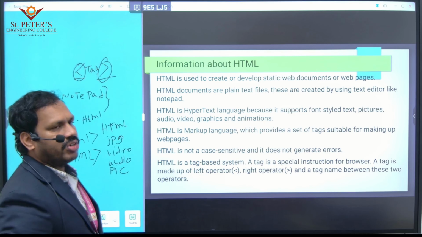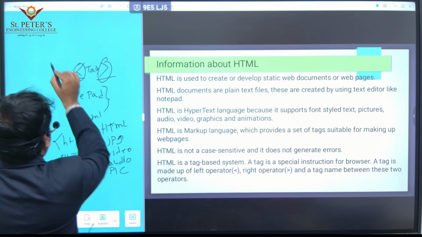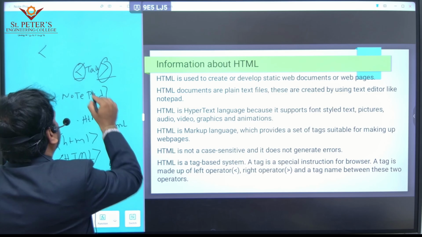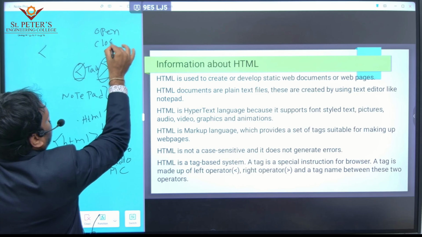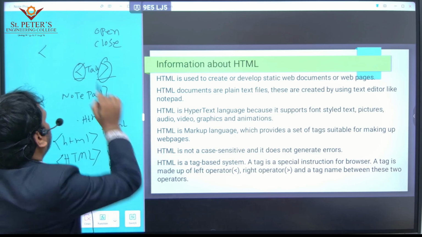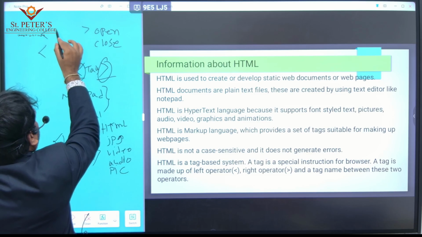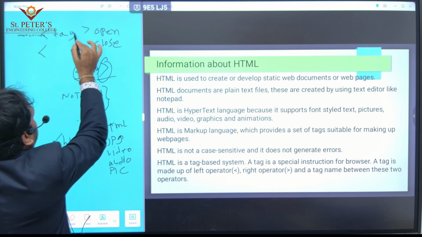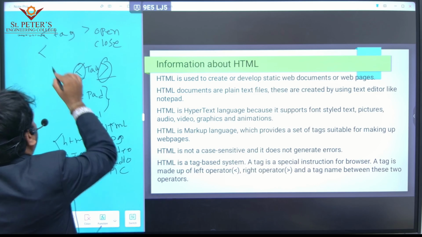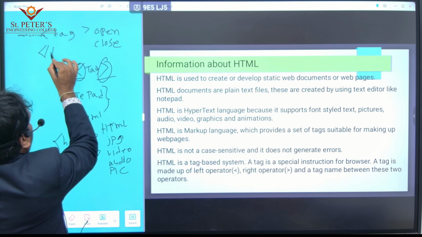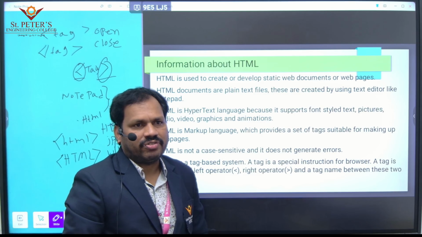We have two kinds of tags: the open tag and the close tag. The open tag is written inside the less than and greater than operators. For the close tag, we use a slash followed by the tag name inside the operators.